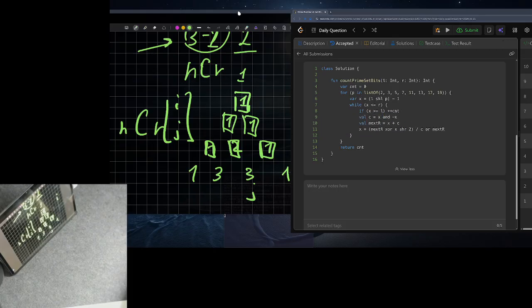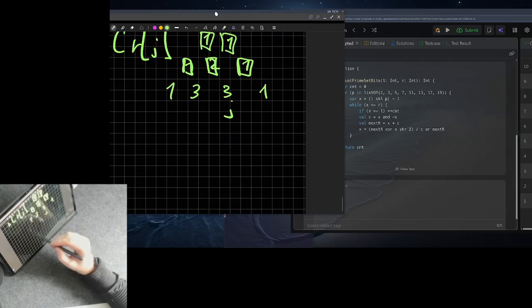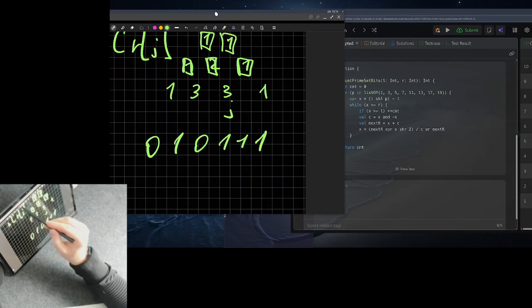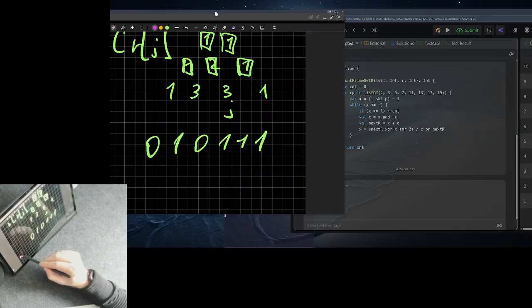So it uses, for example, we have some bits, and we want to find the next number with the same bit count.